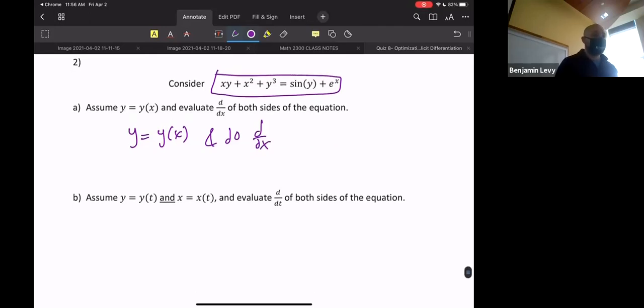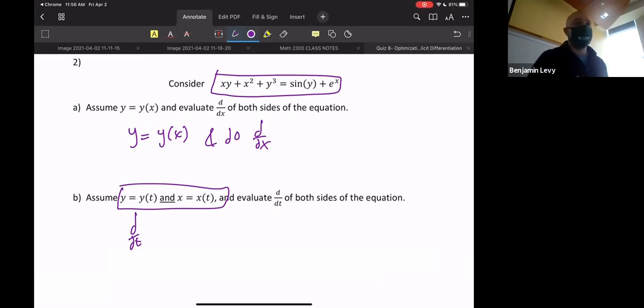In the second problem, you're going to do d over dt and assume that both of the things have a t inside of them. And so that changes some of the rules you use. Hopefully you understand what I'm saying there. Let me know if I can help you a little bit, but that's my clarification there.